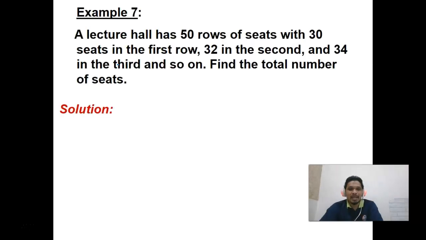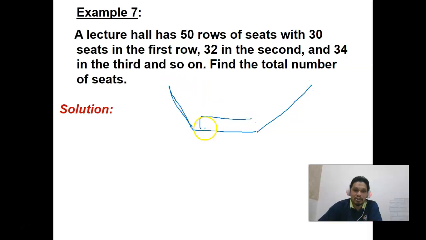A lecture hall has 50 rows of seats with 30 seats in the first row, 32 in the second row, and 34 in the third, and so on. Find the total number of seats. What about this one now? The numbers of seats in the rows form an arithmetic progression. Class, just imagine that this is the pattern of the hall, your lecture hall, and this is the stage.